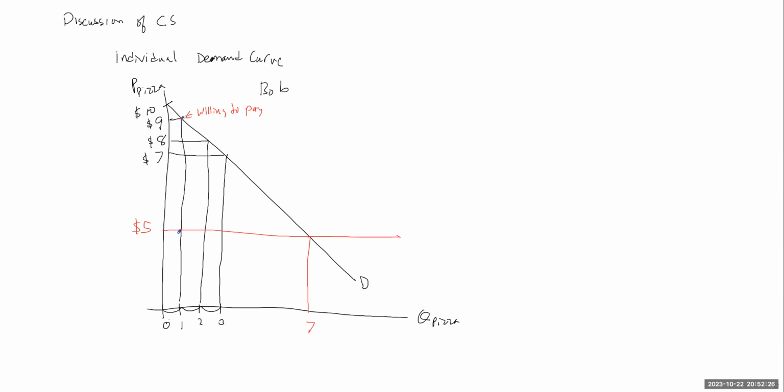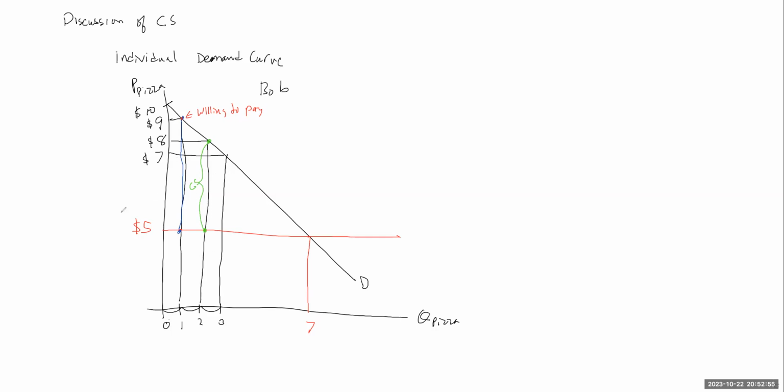So this vertical distance, 9 minus 5, is his consumer surplus for that first slice of pizza. What about his second slice? He was willing to pay 8, but he only paid 5. So this vertical distance is his consumer surplus for the second slice.